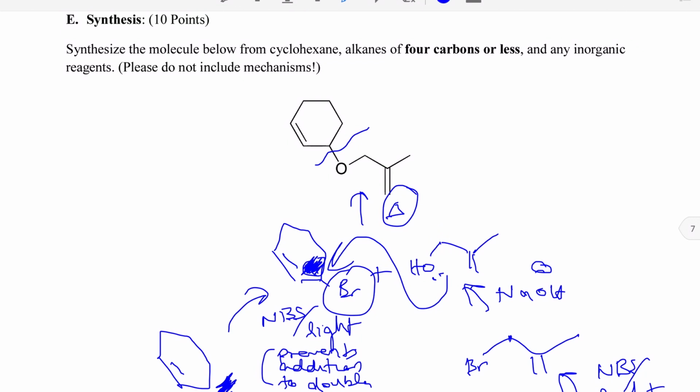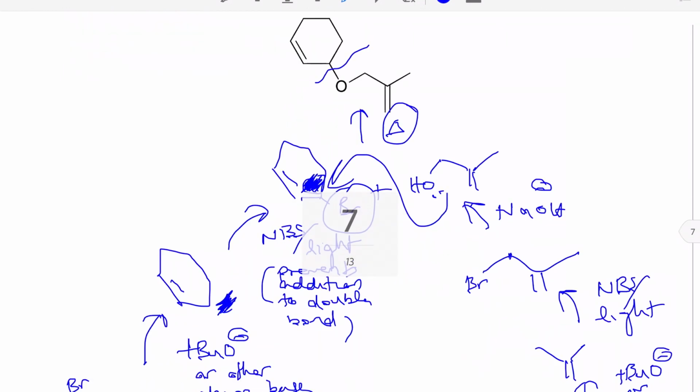That SN2 reaction allows us to get from this alkyl halide to the compound with the OH group.